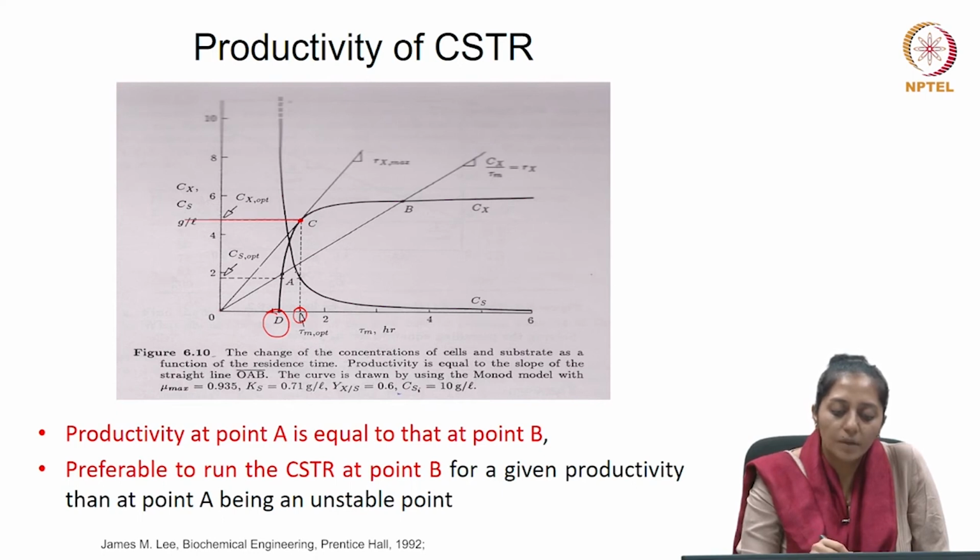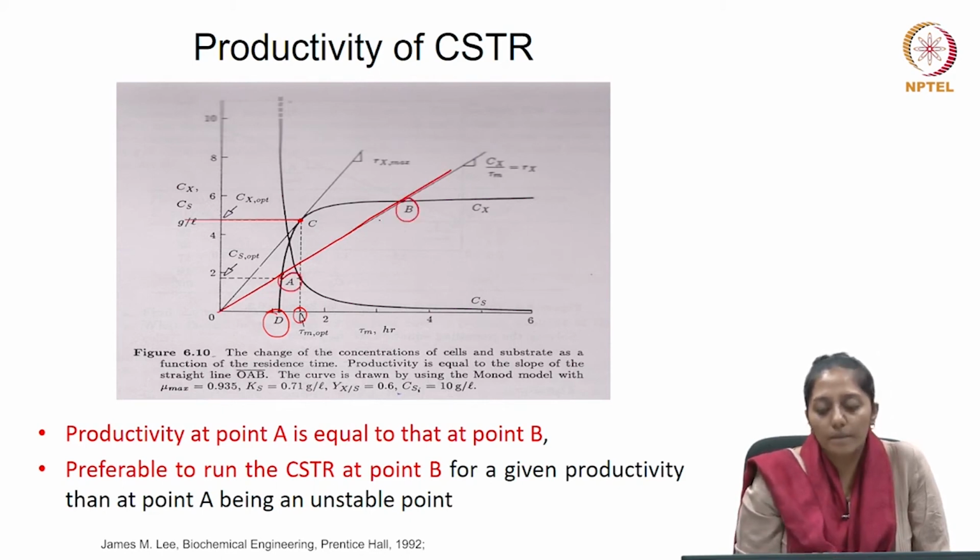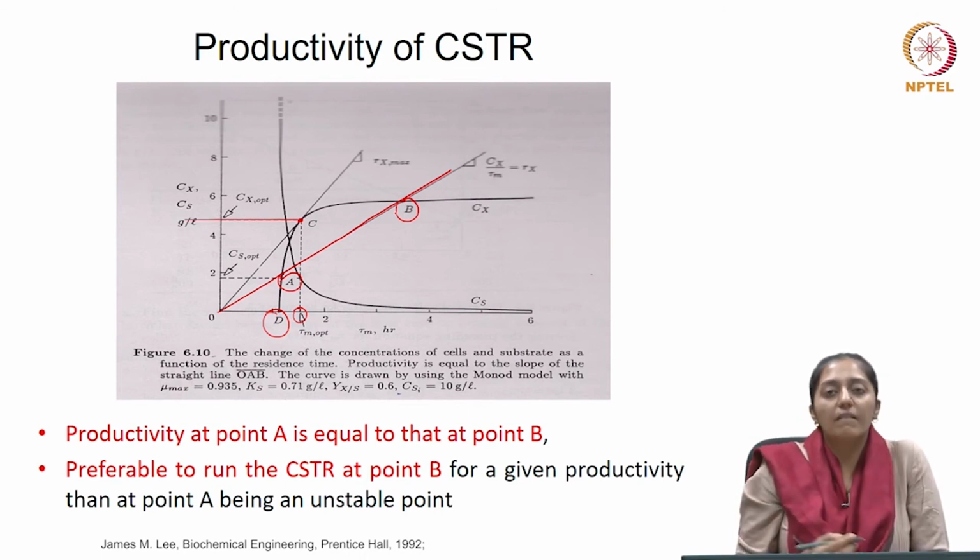If you see the line OAB, it is cutting the curve at 2 points, A and B. This would mean what? That the productivity, which is nothing but the slope of this line, is the same at B and at point A, which means we have a choice.